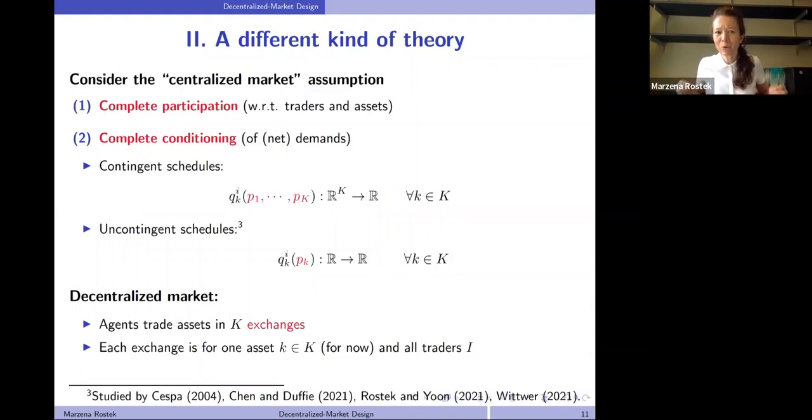Let me make an important remark here. So you might be wondering, well, I may not be able to condition my demand for one asset on the price of another asset in the same round, but nobody can prohibit me from conditioning my demand on past prices for any asset in any exchange, as long as these prices are available.